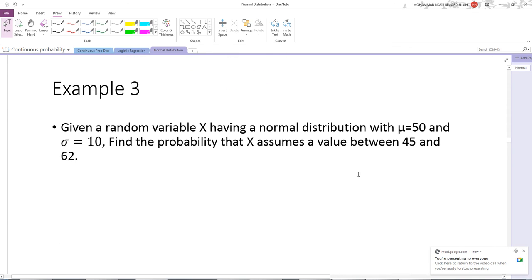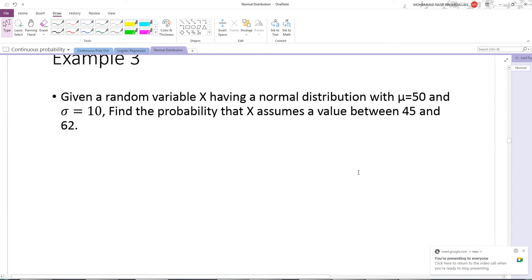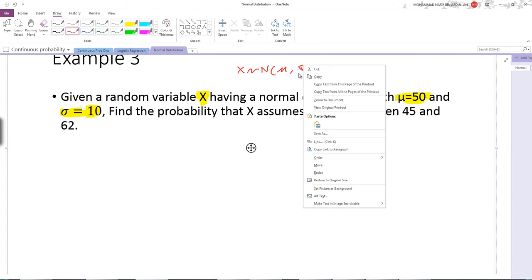Now, this is a statement. Right, example number 3. So since you already know how to calculate the area under the curve using a standard normal distribution, let's look at example number 3. Given a random variable x having a normal distribution with mean equal to 50 and sigma equal to 10. And you should remember when x has a normal distribution, it should consist of mean and standard deviation.